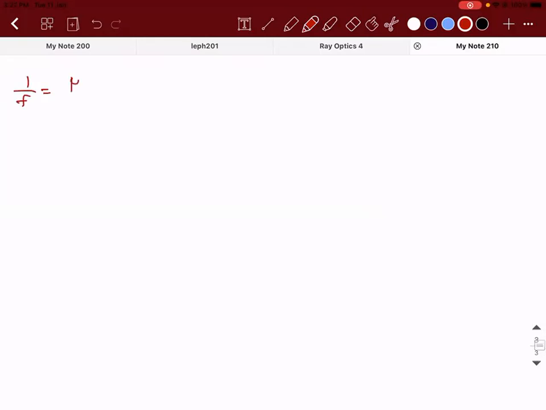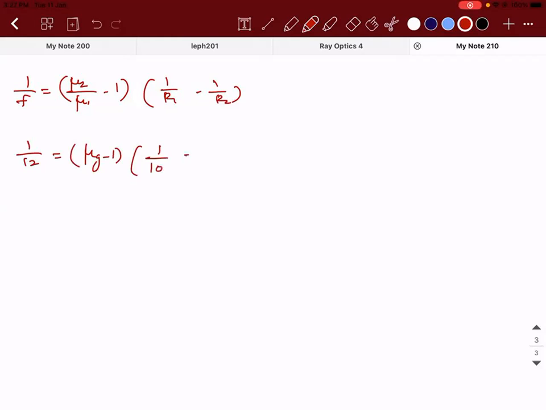1 by f is equal to (mu2 divided by mu1 minus 1) into (1 by r1 minus 1 by r2). So 1 by 12 is equal to... we have to find the refractive index of glass. (mu g minus 1) into (1 divided by r1, which is plus 10, minus 1 divided by r2, which is minus 15). So it becomes 1 by 15.